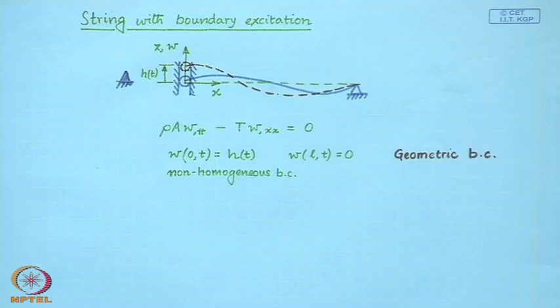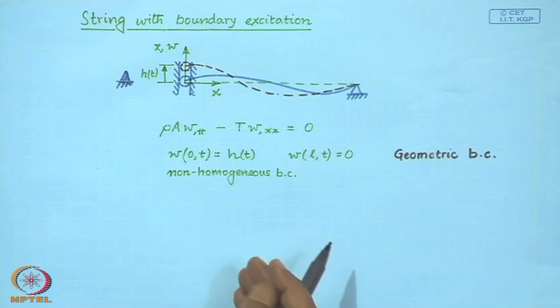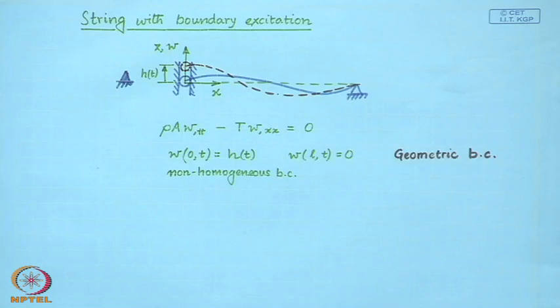So, the question arises whether we can convert a problem with non-homogeneous boundary conditions like this to a problem with homogeneous boundary conditions, because that in many ways simplifies the analysis of the problem.